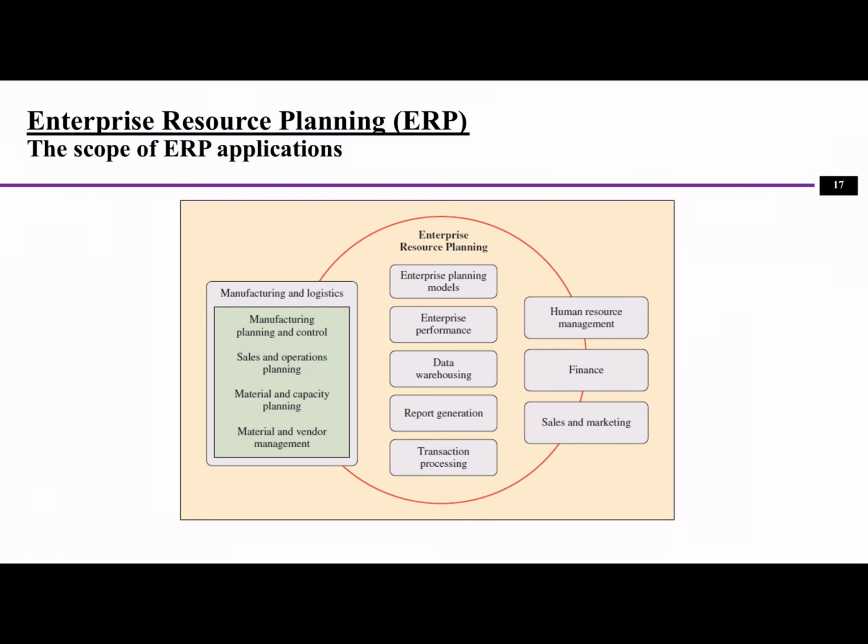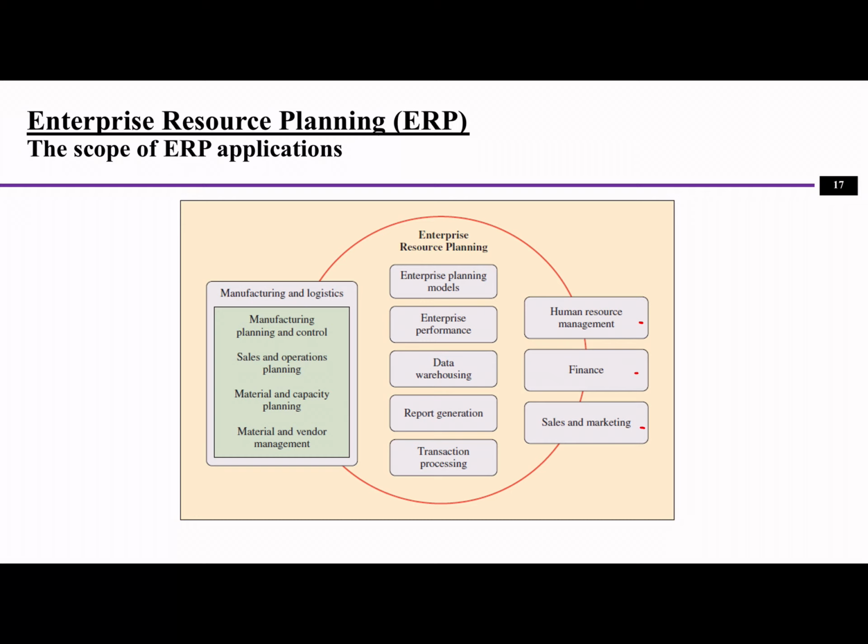All right, now let's look at what are the different functions or the scope of ERP applications. So ERP really has a lot of different functions. It can do human resource management, finance, sales, marketing.